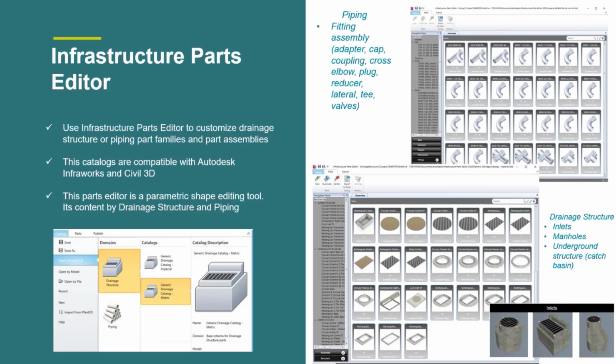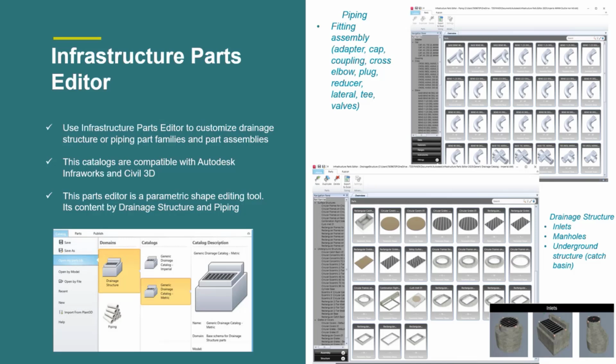The next thing is the Infrastructure Parts Editor. I just wanted to inform you that when you install Civil3D, this Infrastructure Parts Editor does not come together with it. Each user already has their own Autodesk account, so you need to go to the Autodesk account and then go to the extension, where there is an extension that you can download for Civil3D.